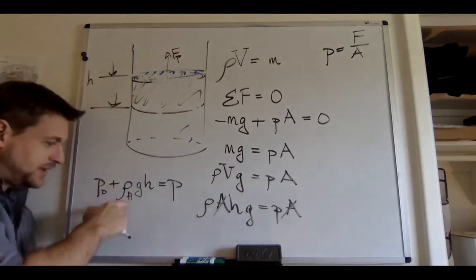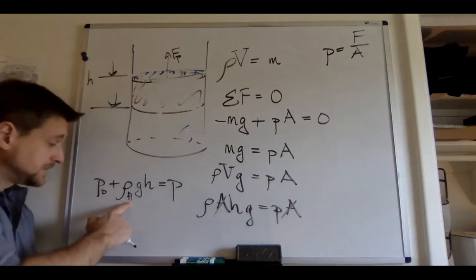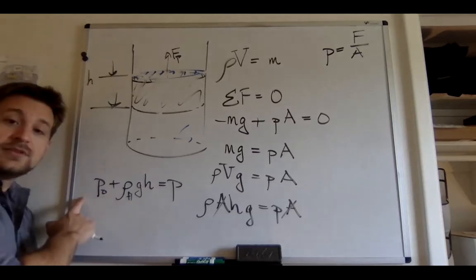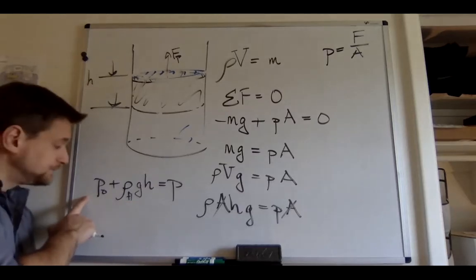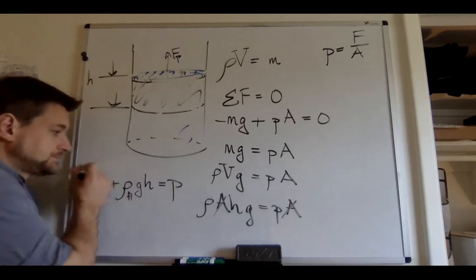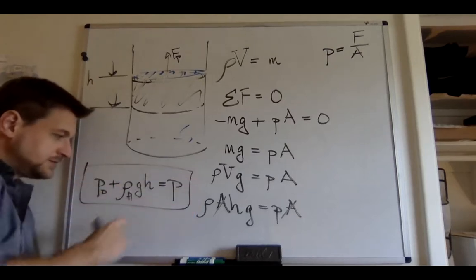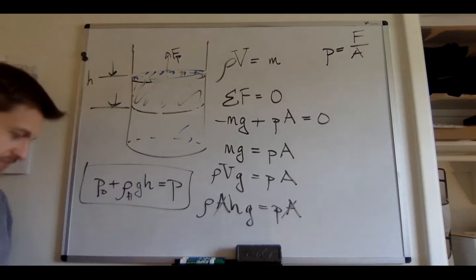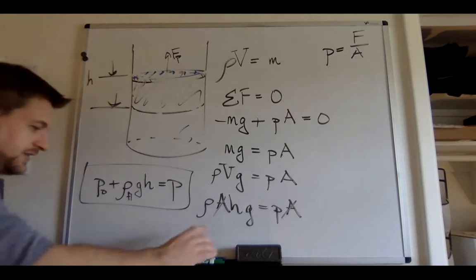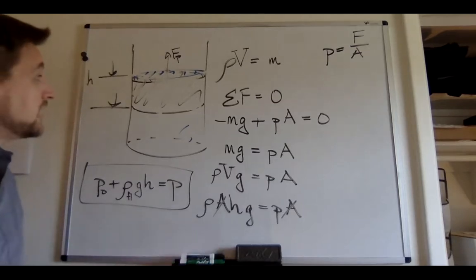And I'll write rho FL for fluid to contrast that from the density of whatever the environment is. And that is that formula on that slide that I just navigated away from.